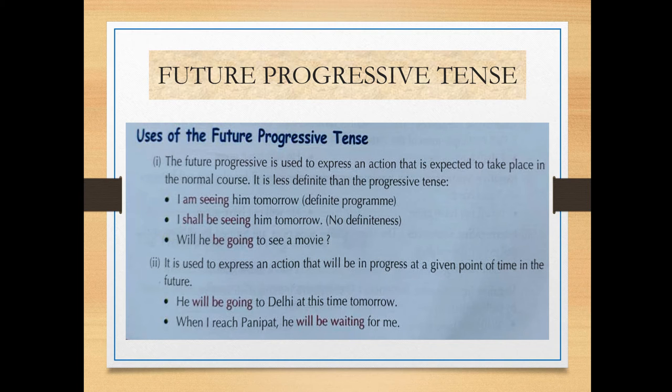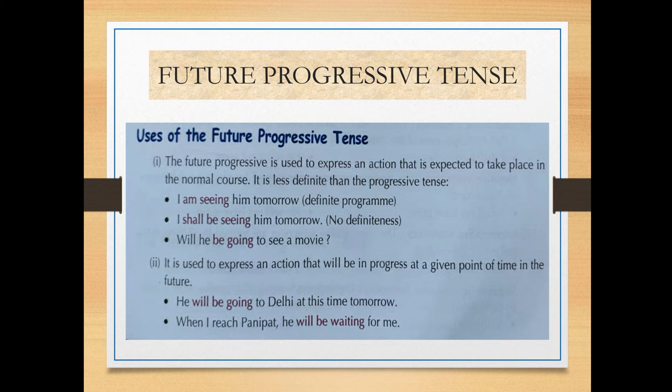I shall be going there next week. He will be coming here in the evening. So shall or will plus be plus present participle form of the verb, right? Since it is progressive, the use of ing becomes mandatory.